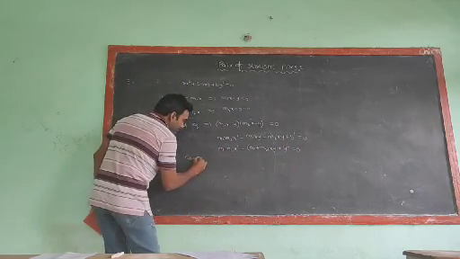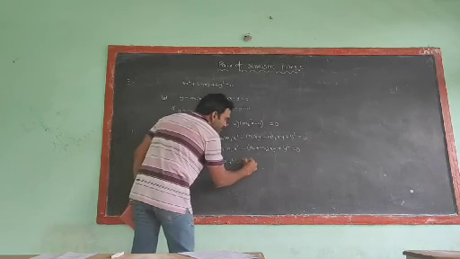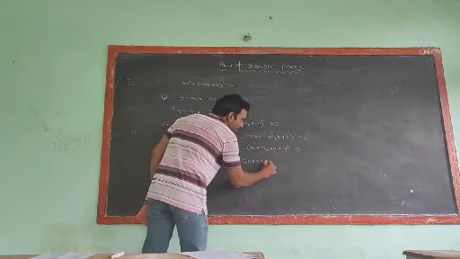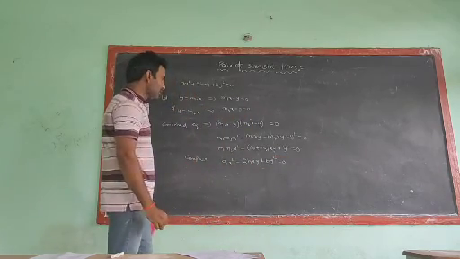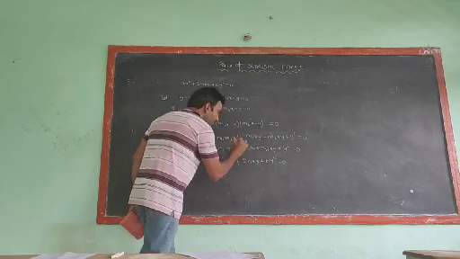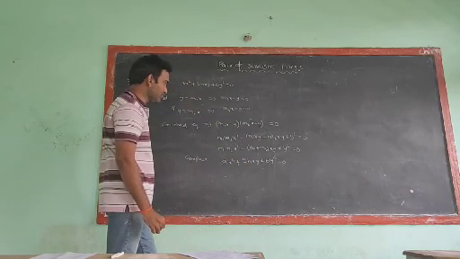Just compare with ax square plus 2hxy plus by square equal to 0.